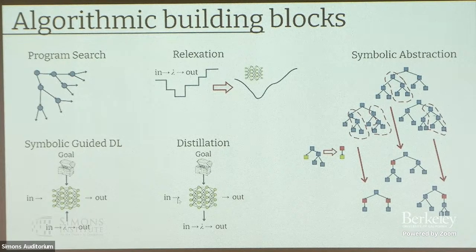Or imagine loading a dishwasher, right? You grab a plate, you rinse it, you put it in. You grab the next plate, you rinse it, you put it in. You grab the next plate, you rinse it, you put it in. If your DSL captures that repetitive structure, then you're going to get that repetitive structure in the behavior.